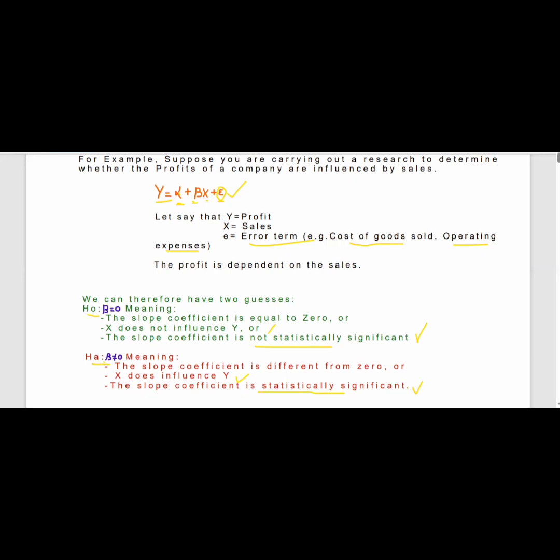Then you reject the null hypothesis that says the slope coefficient is not statistically significant. I will cover the 3 common approaches in my next videos to give you a better understanding of accepting or rejecting the null hypothesis.